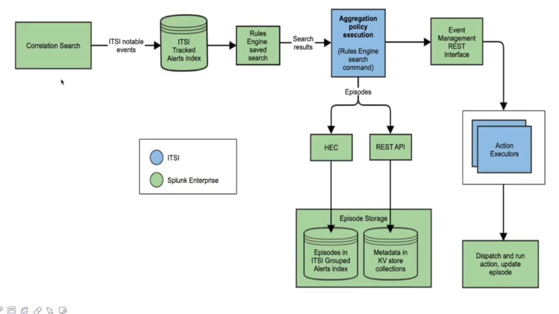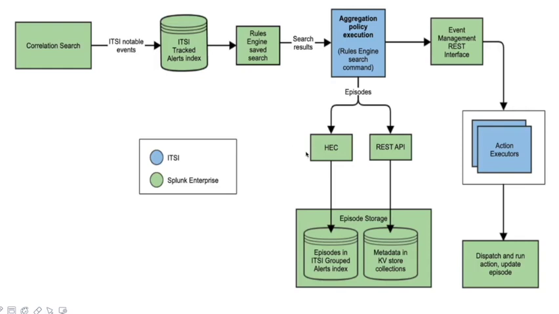For notable events, the index is called itsi_tracked_alerts. For groups, it's itsi_grouped_alerts.